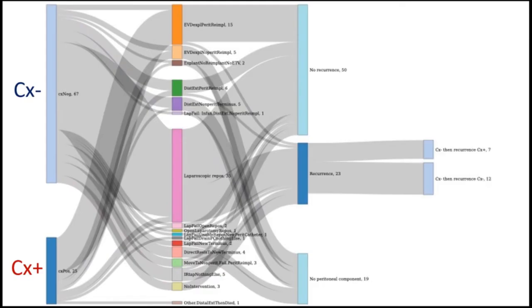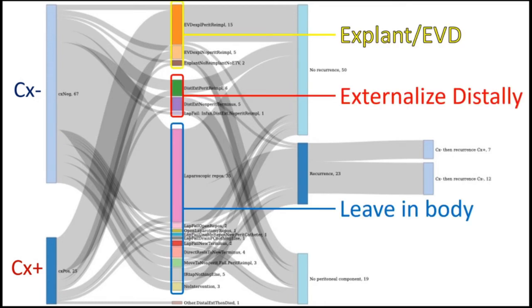Another way to look at this data is a Sankey diagram, which shows the flow of how patients were treated, starting on the left with breaking that initial presentation group into culture negative pseudocysts and culture positive. Most were culture negative. There are 3 general strategies.